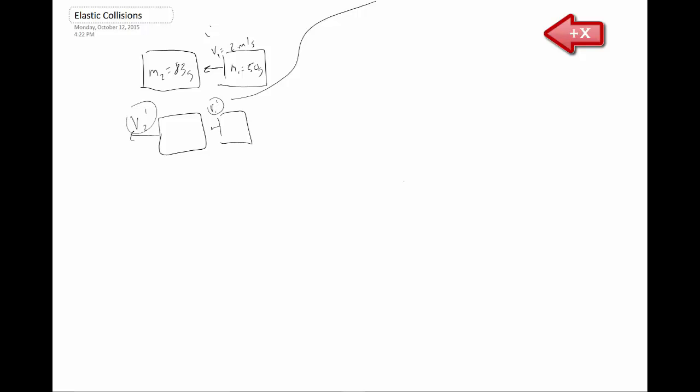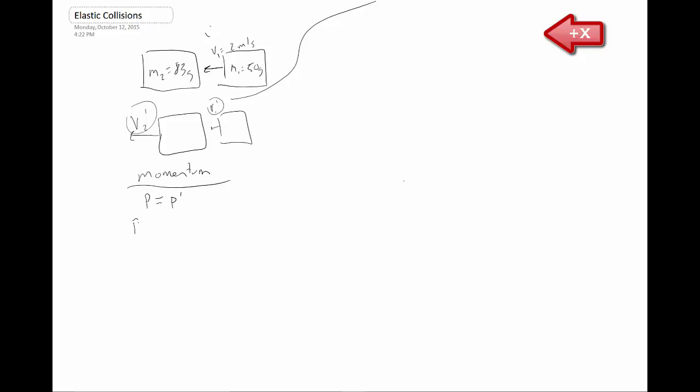First, let's just look at the momentum. Again, remember I'm a big fan of equations that we can always write down. So in this case, we can write down P is equal to P prime, or the initial momentum is equal to the final momentum.